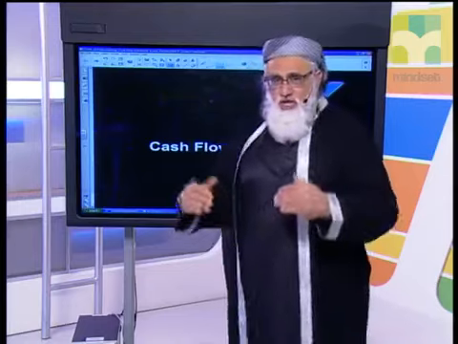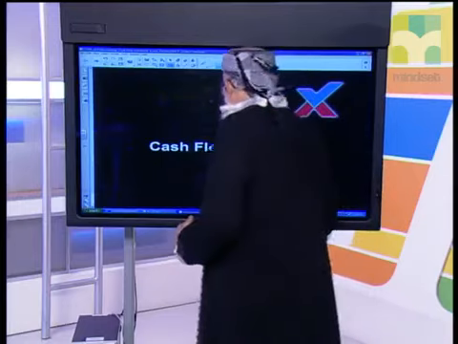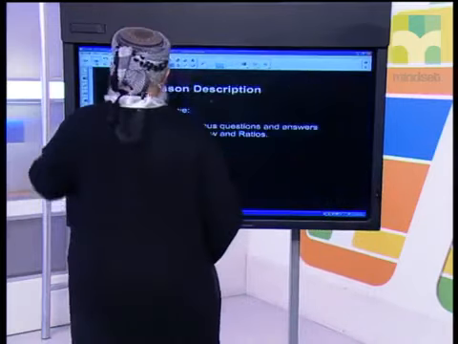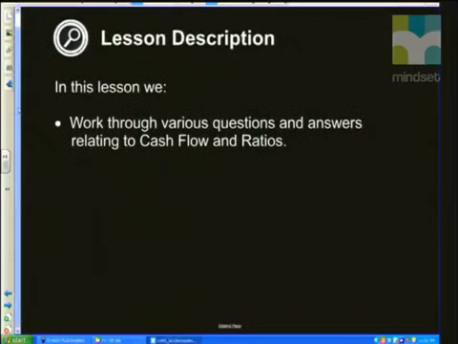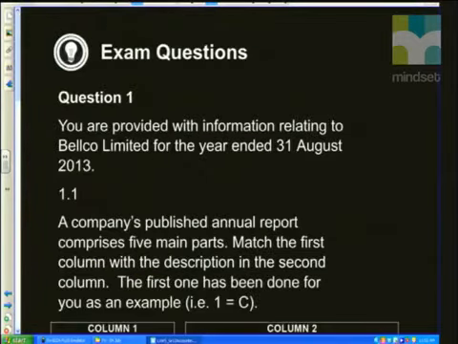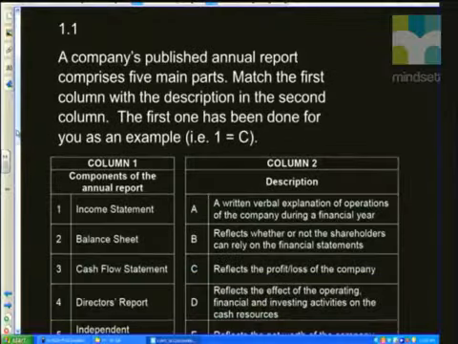Okay, guys, remember, when it comes to the cash flow statement, look at the question and then ask yourself, what does the question require me to do? So we're going to work through the various questions and answers relating to the cash flow and the ratios. We start off with an appetizer.